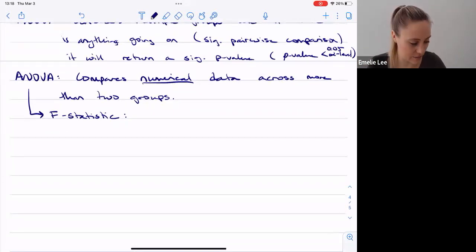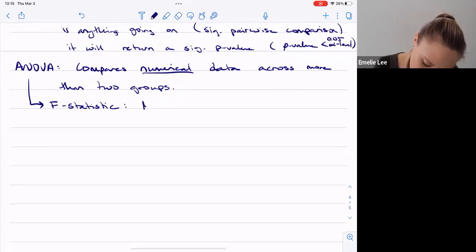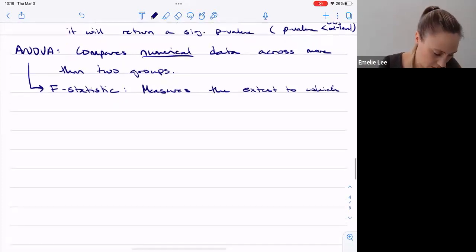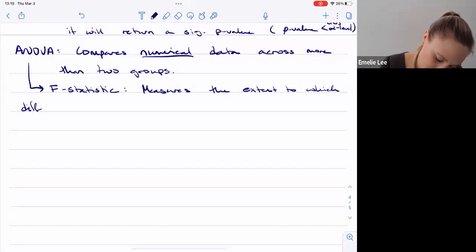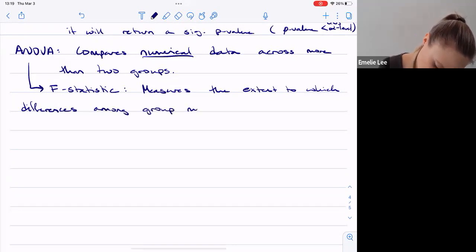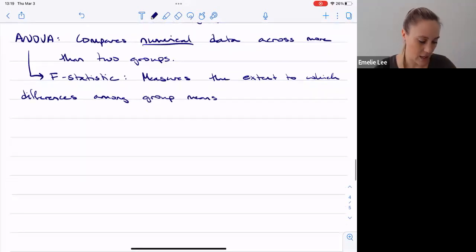So the F statistic measures the extent to which differences among group means exceed what might be expected in a chance model.